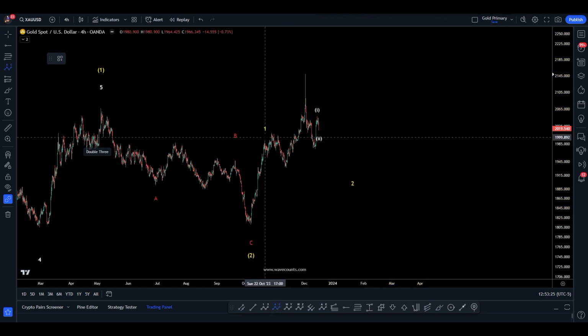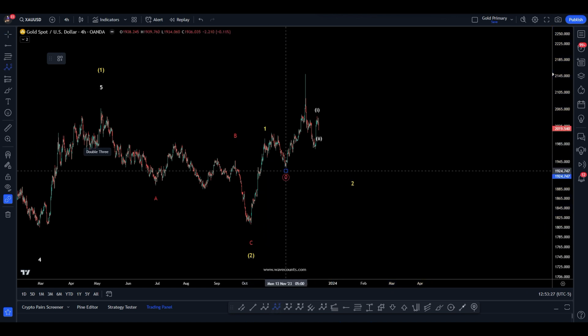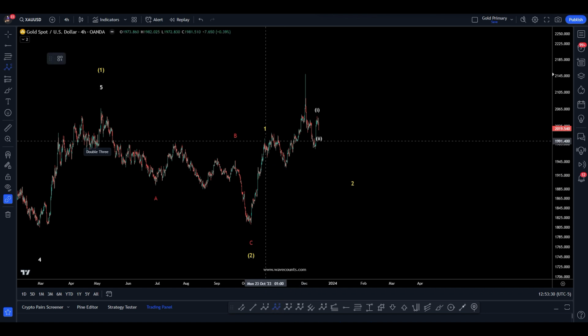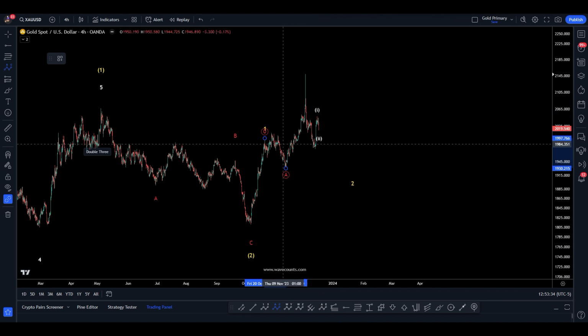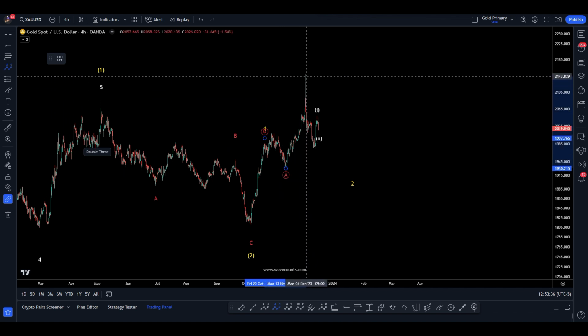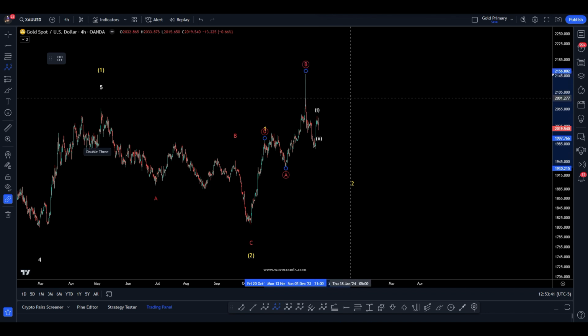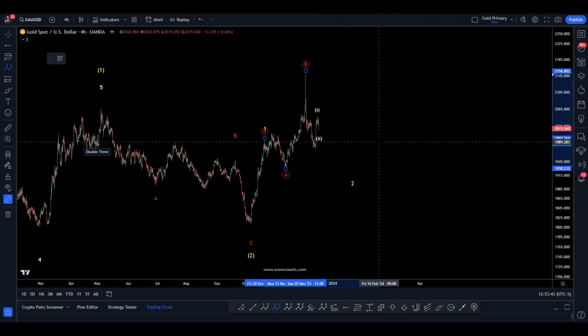So same flat, but it's an A wave and not a wave 2. Boom, like that. And that this is a double zigzag for wave B. And then you're going to get 5 down in C right here.